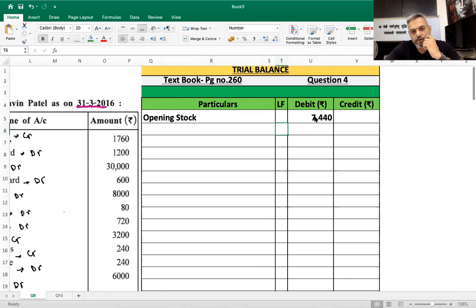Headings are pretty normal. You have particulars, LF, debit and credit. LF is because we know from which page number of the ledger book we have this account of opening stock. That's why, you just leave it blank. Opening stock 7440, wages, debit 4000.